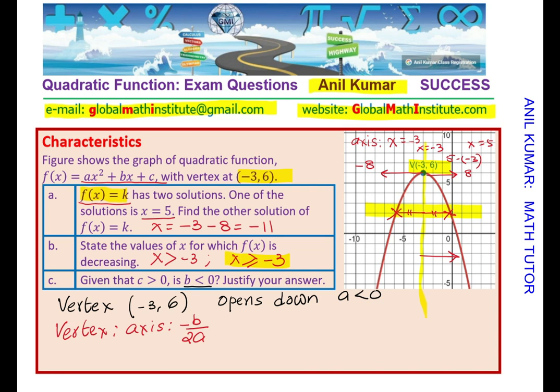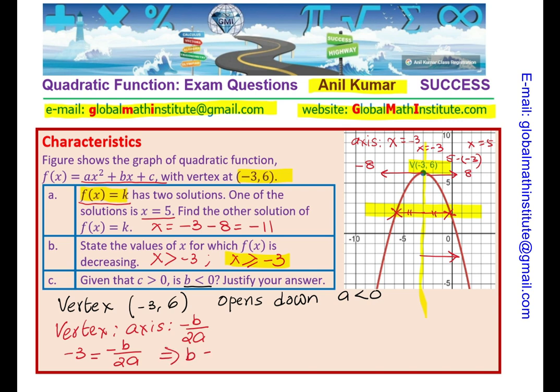Now we know in this case x is -3, so -3 equals -b by 2a. So that means we could write b equals, make it positive, 2 times 2a times 3... so b is equal to 6 times a.